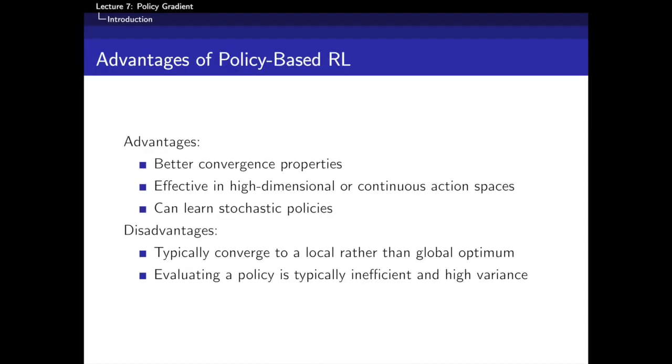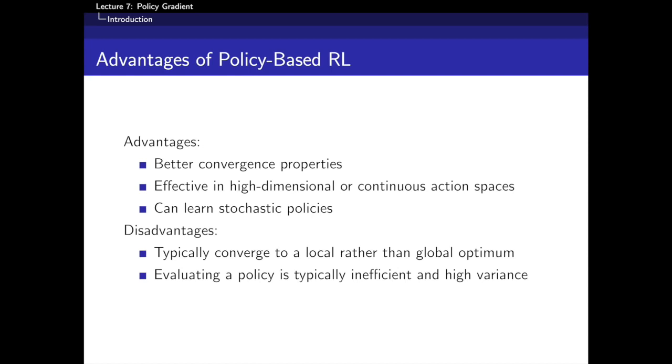So now we've got the slides back, I'm going to come back to this question here. Some other reasons why it might be a good idea to use policy-based reinforcement learning. Maybe the main one you'll see in the literature is that it has better convergence properties. We saw that there are cases where value-based methods can oscillate or chatter or even diverge if you do things in the wrong way.